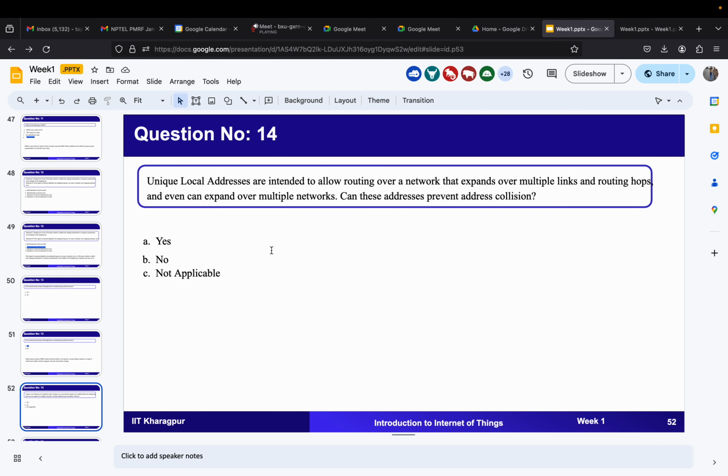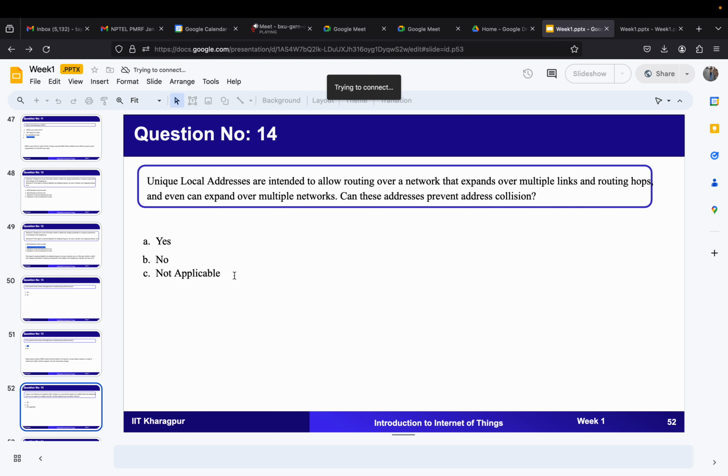So question number 14 is, unique local addresses are intended to allow routing over a network that expands over multiple links and routing hops and can even expand over multiple networks. Can these addresses prevent address collisions? Yes, no, not applicable.